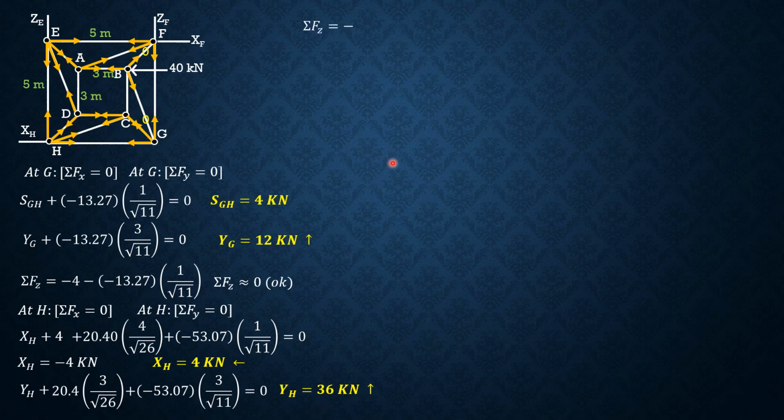Then let's check summation forces along Z at joint H if it is 0. So EH is 12, but it is in the negative direction, so negative 12, plus CH in the negative direction, so minus 20.4 times the Z component of distance, 1 over square root of 26.